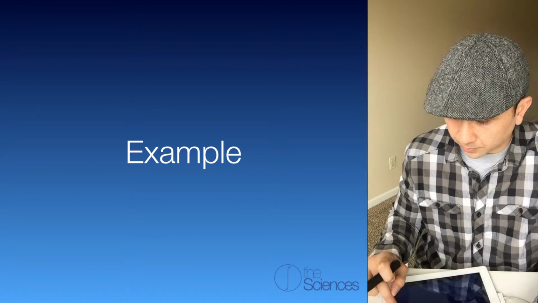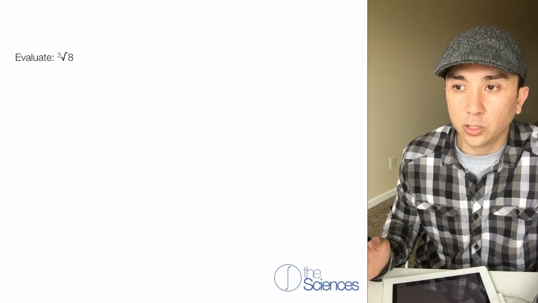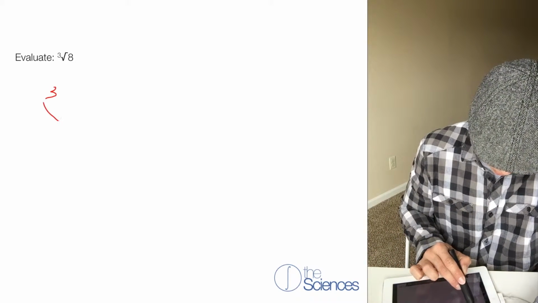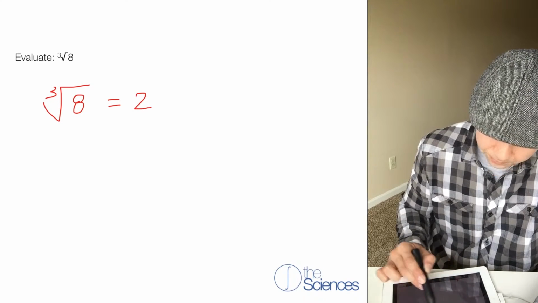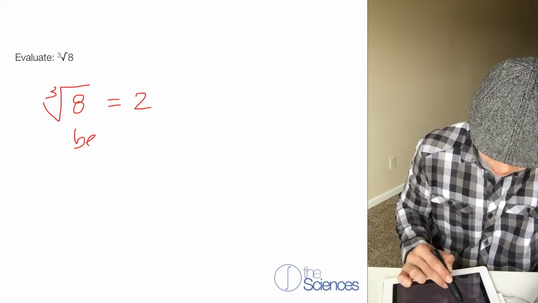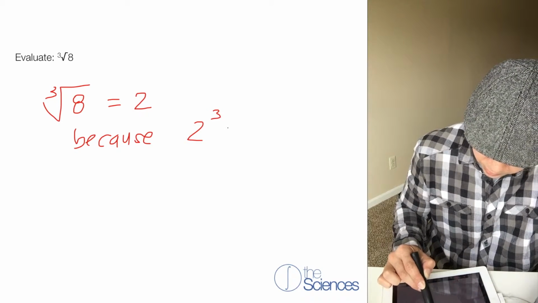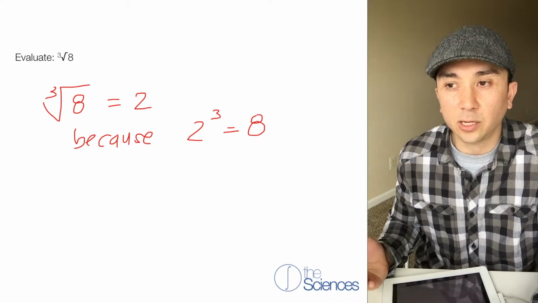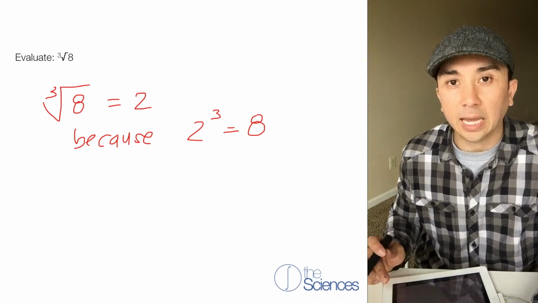So let's do an example. Let's evaluate the third root of 8. Well, that is 2, because 2 cubed equals 8. You're just trying to find a number that when cubed equals this radicand, 8.